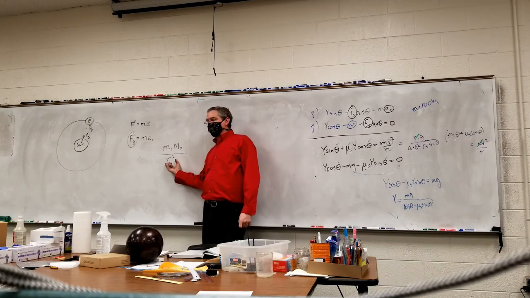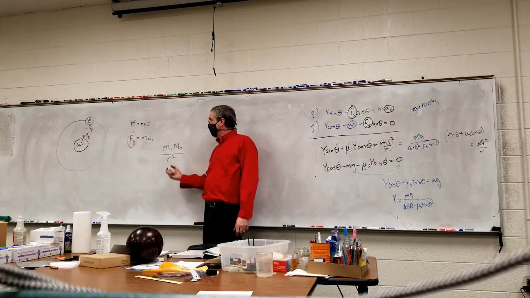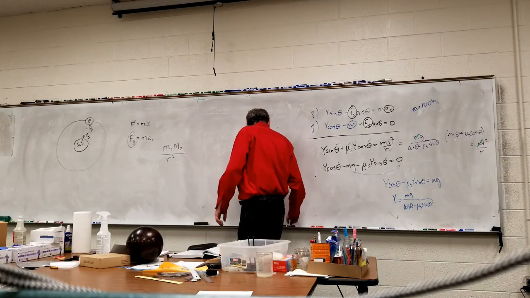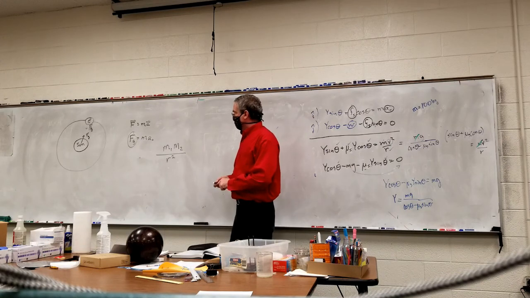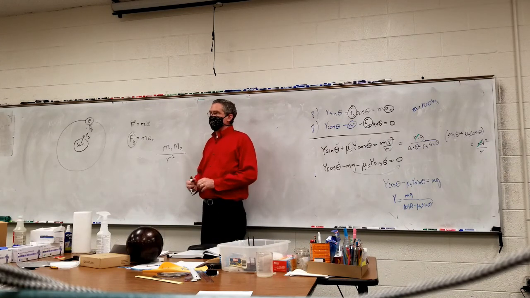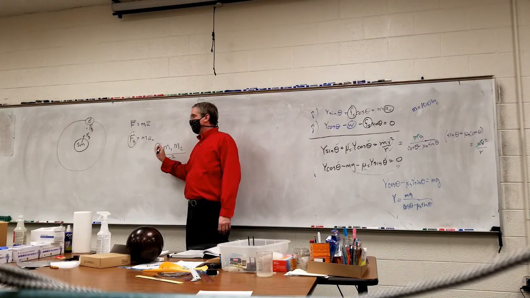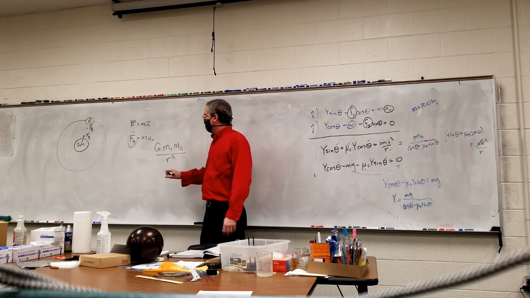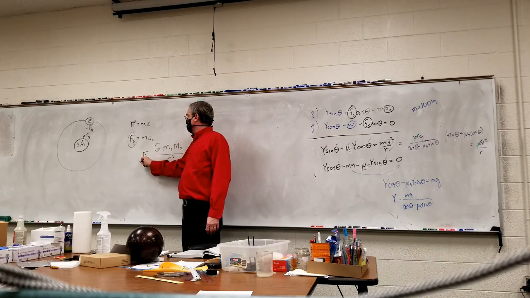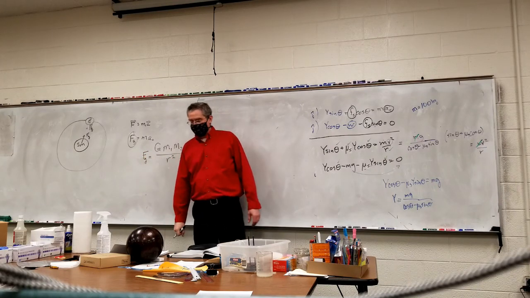But since the surface area of a sphere is related to the radius squared, it makes some sense that there'd be r squared on the bottom. And the one other factor, that's more what unit system you're dealing with. And so capital G, not lowercase g, capital G, this is the generic formula for the magnitude of the force due to gravity.